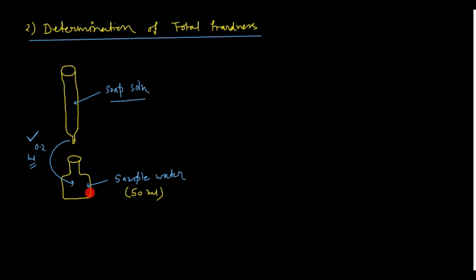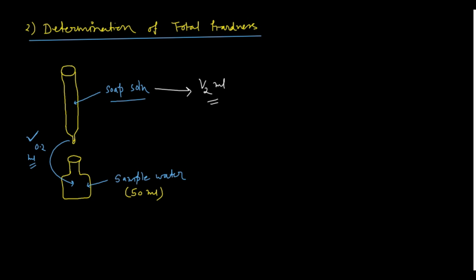When your lather persists for 2 minutes, stop the reaction and note this volume of the soap solution which is consumed by the sample water, and this volume of the soap solution I'll note as V2 ml.